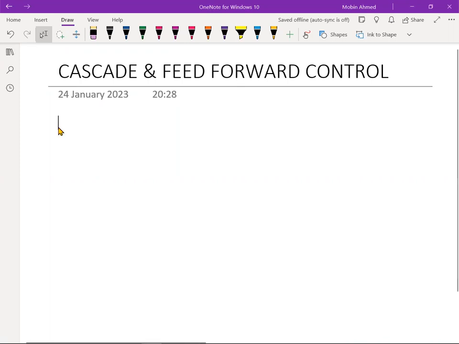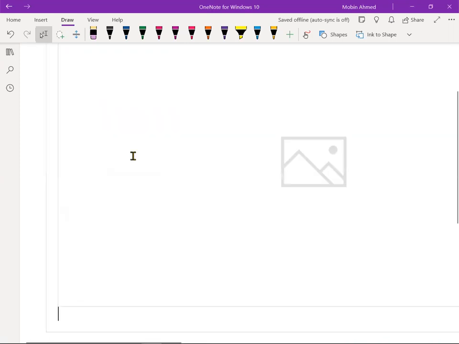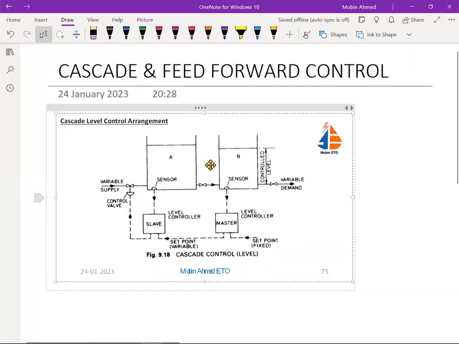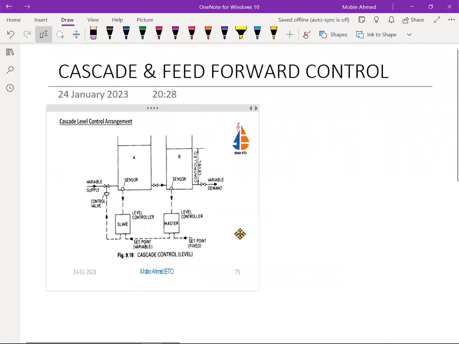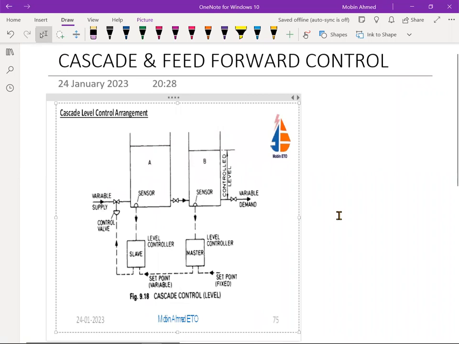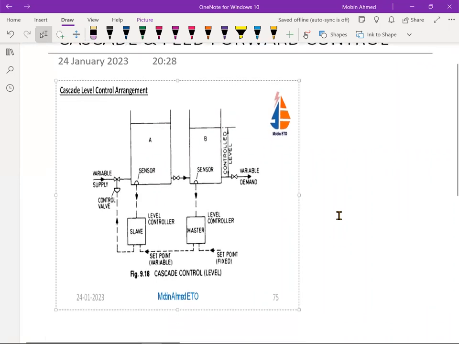generally wherever we have a slow process like temperature and level, we are going to have the arrangement, and this arrangement is going to be in this way. This is the arrangement we have. Okay, so this is known as a cascade level control.